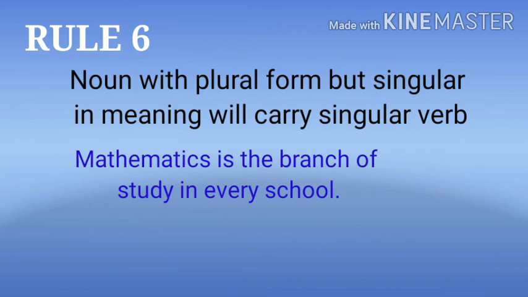Let's understand this with another example. "The news is true." Here the word news also carries s along with it, so it looks as though it is plural in form. But it's a singular noun and hence we have used the singular verb "is."